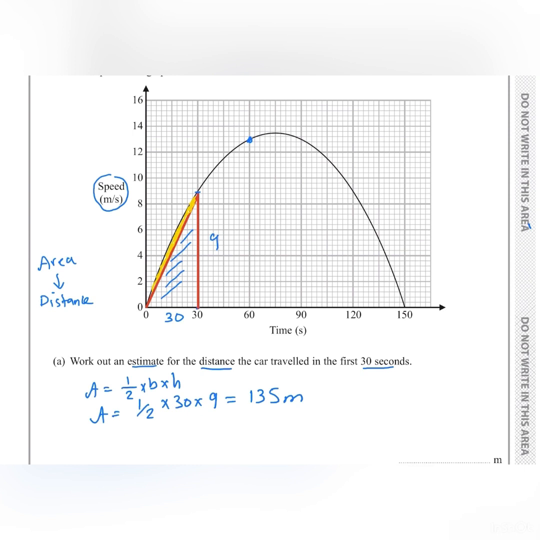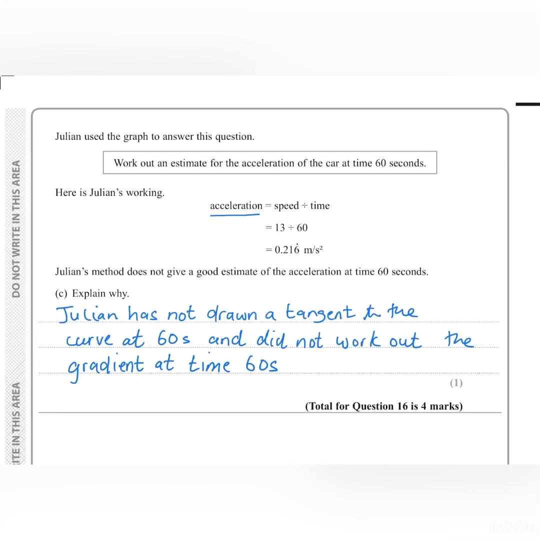So you will need to draw a tangent like this, following the shape of the curve at that point, and then find the gradient of this tangent to find the acceleration. Julian has not done that. So a reason would be Julian has not drawn a tangent to the curve at 60 seconds and did not work out the gradient at time 60 seconds.